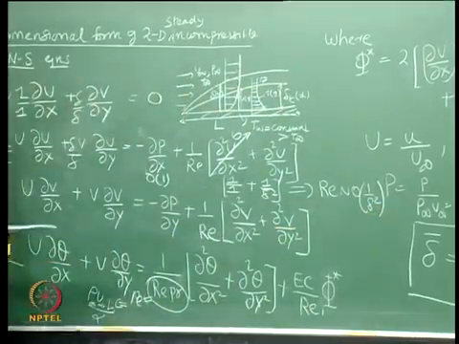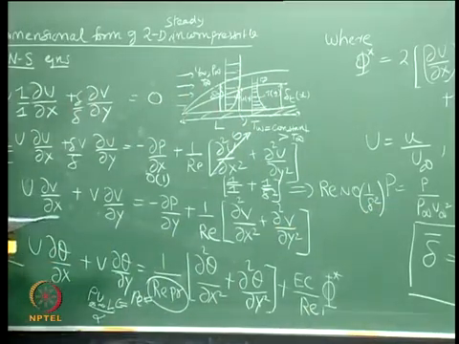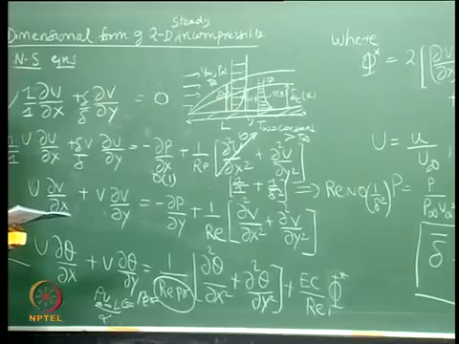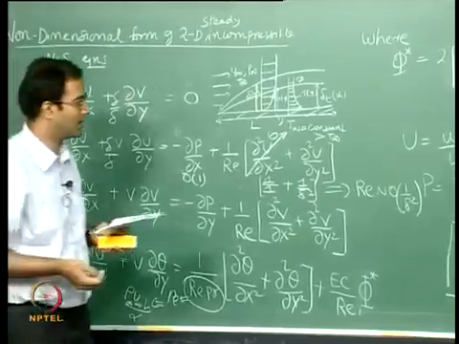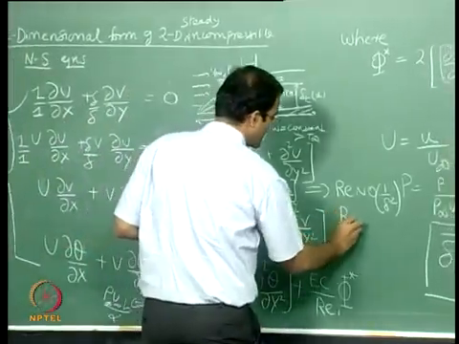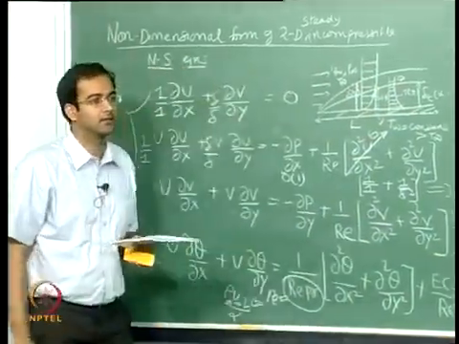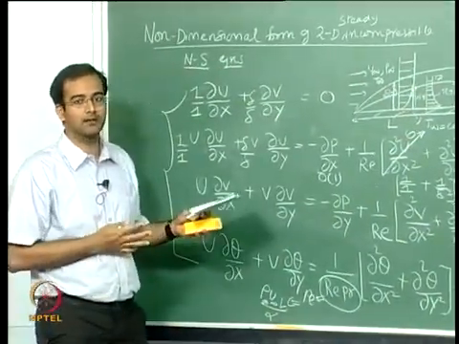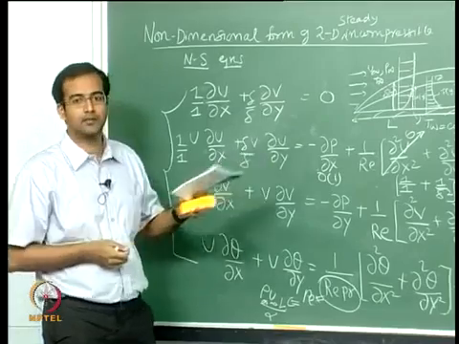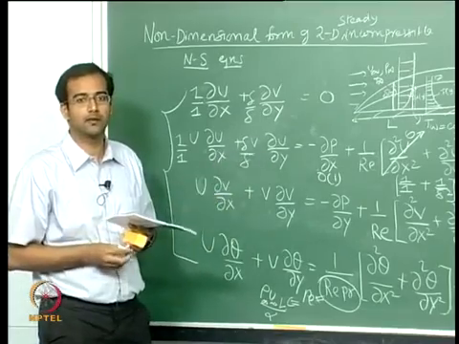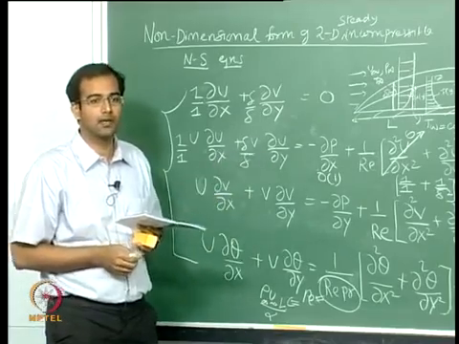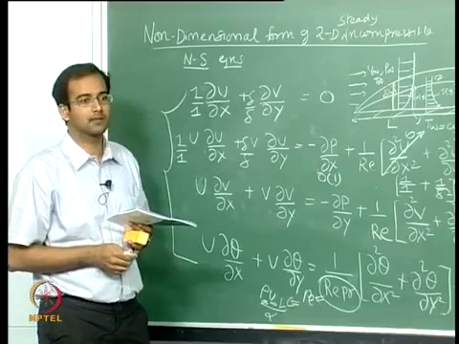So what does it mean? Now this puts a constraint on the Reynolds number. My delta is much less than 1, so my Reynolds number should be very large. Only for this particular case this approximation is valid. So whenever I look at boundary layer flows, I am looking at very high Reynolds numbers.